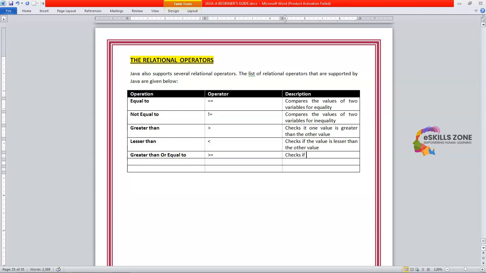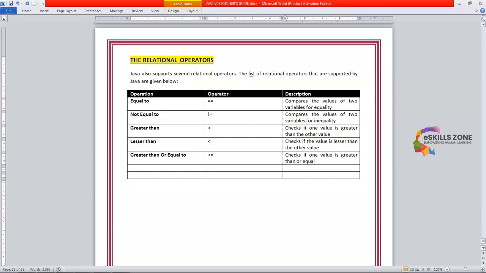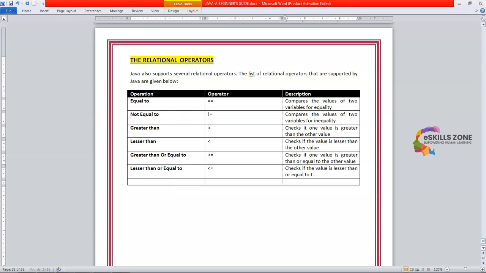Checks if one value is greater than or equal to the other value. Last one is the lesser than or equal to. It checks if the value is lesser than or equal to the other value. So you can see there are total 1, 2, 3, 4, 5, 6 relational operators in Java language.